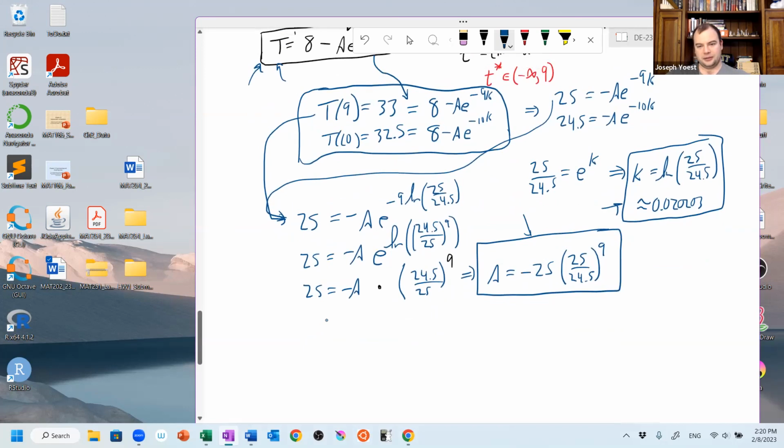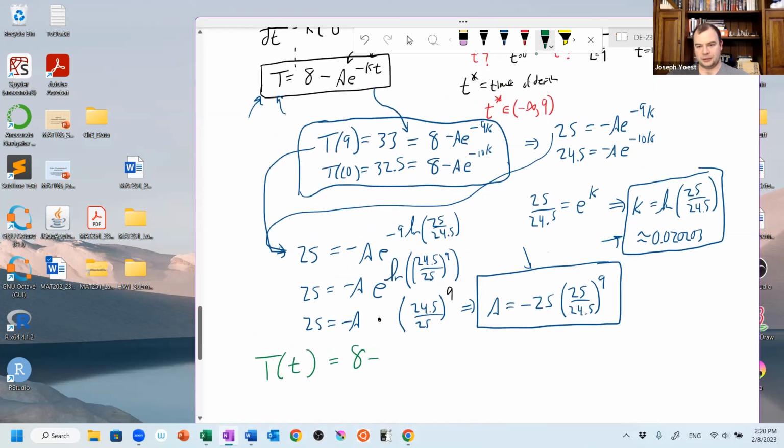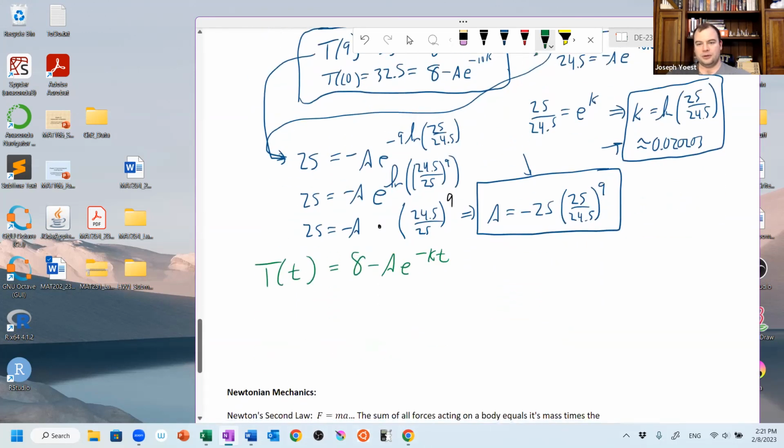So I see that T of t equals 8 minus a e to the negative kt. Or it's going to be 8 plus a, and then e to the negative kt.